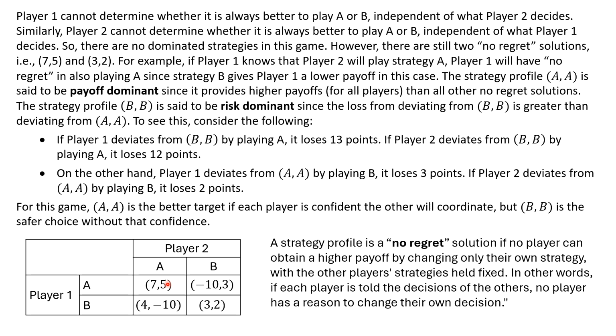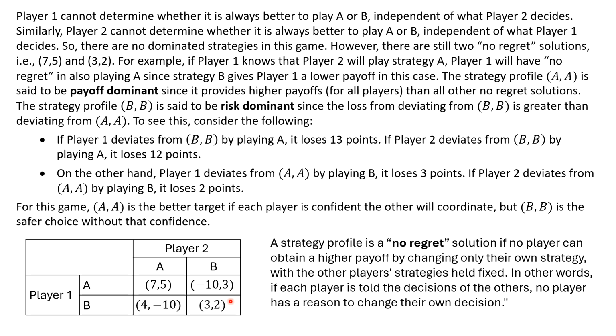7-5 is a no regret strategy, because if player 1 switched from A to B, then it would lose 3. And if player 2 switched from A to B, it would lose 2. So this is a no regret strategy.